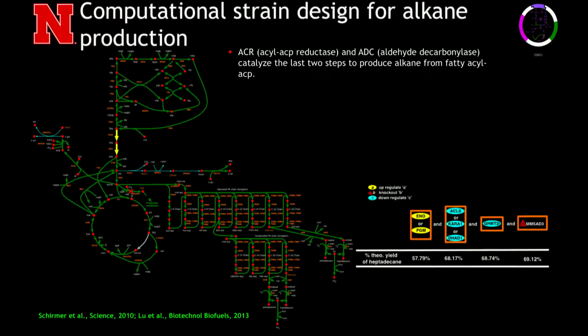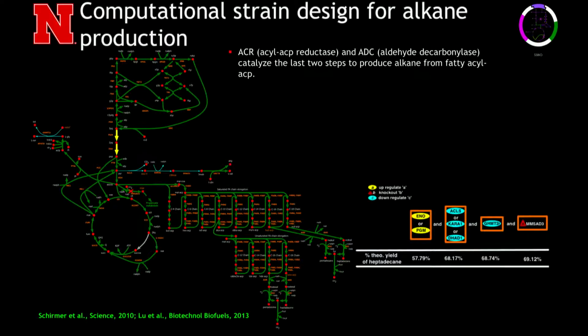So a similar concept for alkane. Alkane could be produced in Synechocystis. Now the question is, what are these steps? These steps are basically two steps from the fatty acid pathway. As I said, what people have done is they tried to upregulate two genes which are one or two steps from the alkane pathway, and it was not successful.